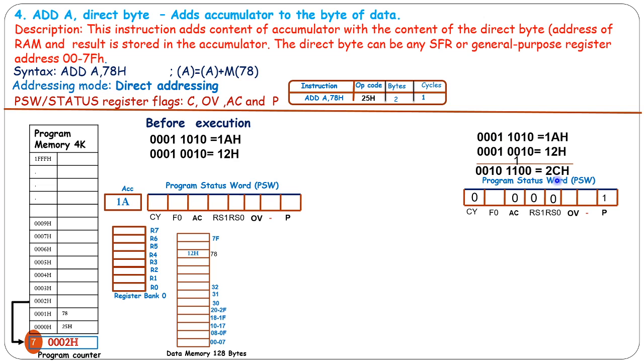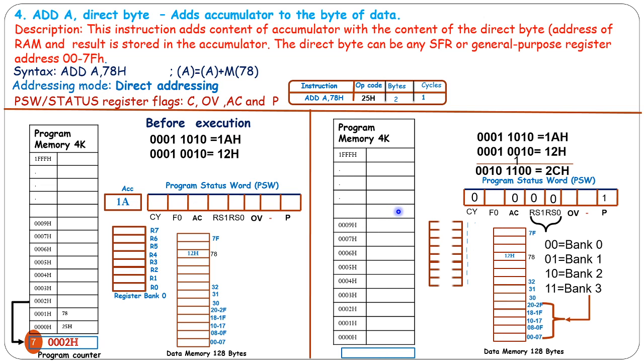So this gives us C, and 1 plus 1, sum is 0, and this is added directly: 0010 is 2. So 2CH is the content of our accumulator after execution. Now see here, what is the content of the accumulator? The content of the accumulator is 2CH. The other things do not change. So this random access memory content at 78H is 12H. It is not changed. Only the content of the accumulator changes, that is 2CH.